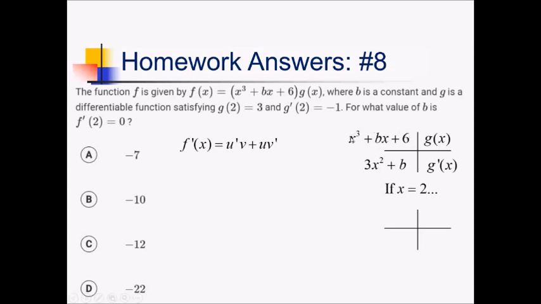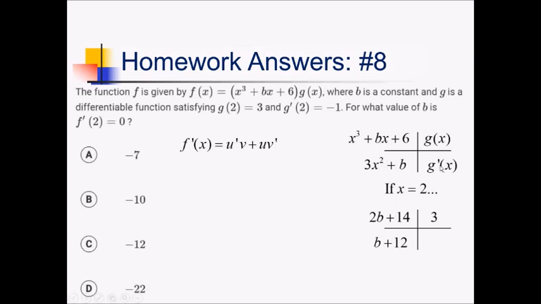So that's 8 plus 6, which is 14, so 14 plus 2b. And then over here we've got g of 2. Well, g of 2 they told us is 3, so we'll just put that in there. And now down in the lower left, we've got 3 times 2 squared, which is 12, plus b, and can't really simplify that any further.